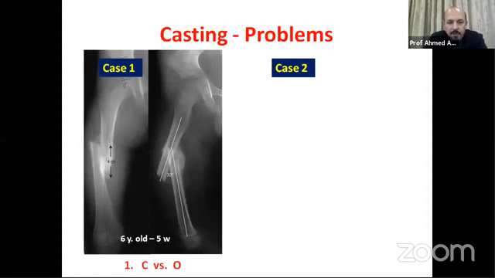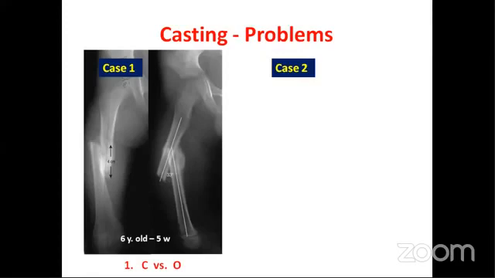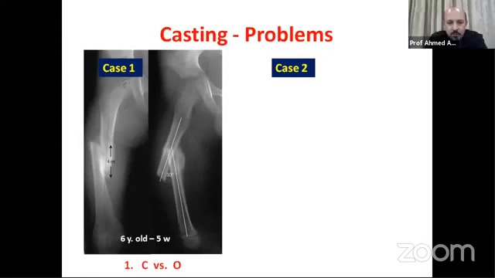Do you prefer to continue in conservative treatment, or do you want to operate on him to end the problem of shortening and angulation? I want your voting, please, and it will be recorded. If you want to conserve, just write 1C for conservative or 1O for operative. Our friend Dr. Hussam will collect your voting.